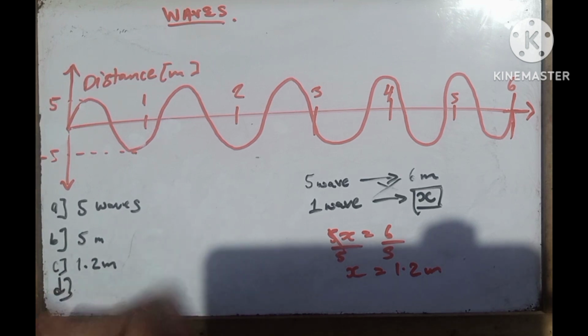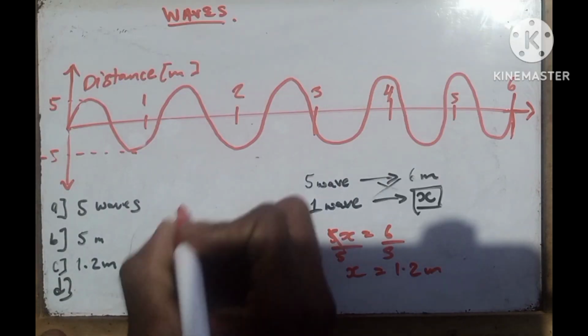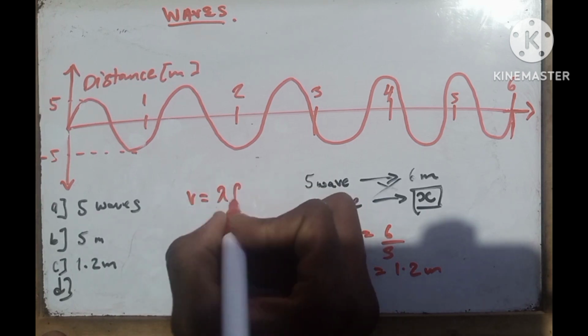And let us look at the last part, which is part D. Part D is saying find the speed of the wave if the number of waves in the diagram are produced in 2 seconds. So we have 5 waves here. And remember, speed, which is velocity, is equal to wavelength times the frequency.